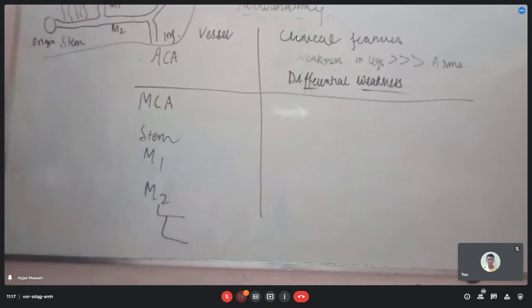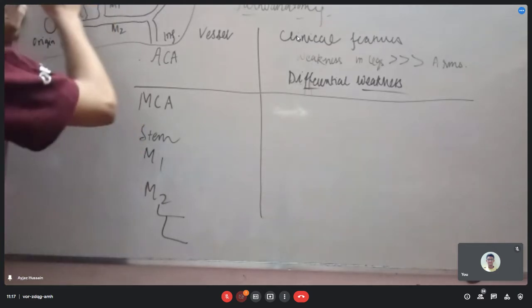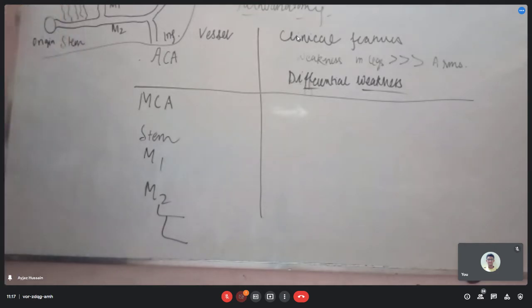So what we're talking about is the anatomy of the middle cerebral artery. It starts with the stem, which divides into M1 and M2. M2 divides into superior division and inferior division, and it gives some branches called the striate branches.